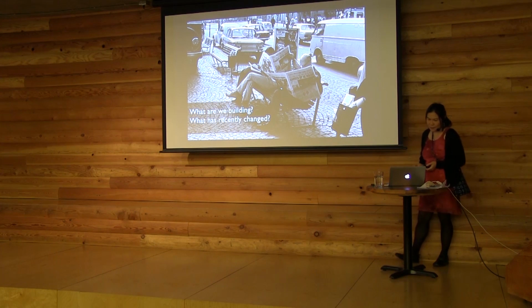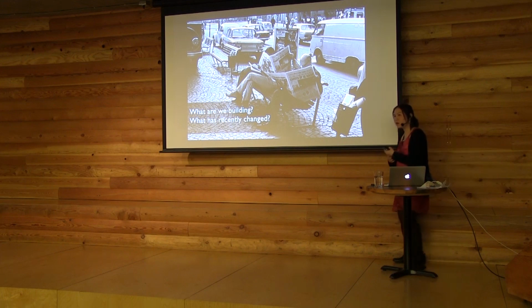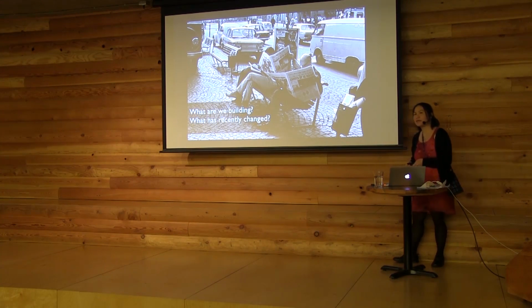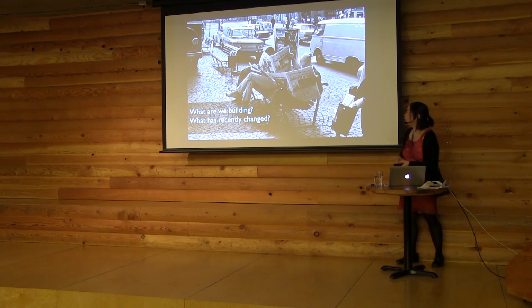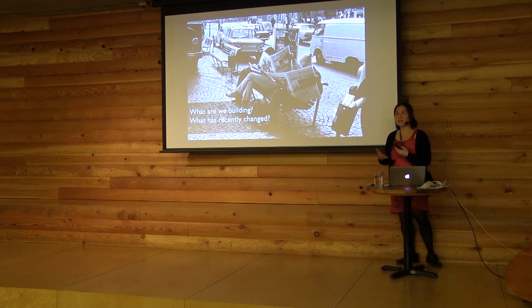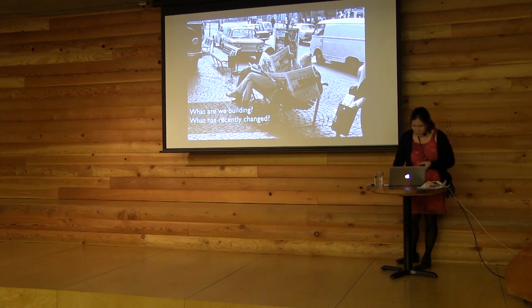So you have to know at all times what you're planning to build, and you also need to know what's changed between the last time you heard and what the current decision is. And that requires some kind of content management from the point of view of your design deliverables and your records. So how do we go about communicating change?